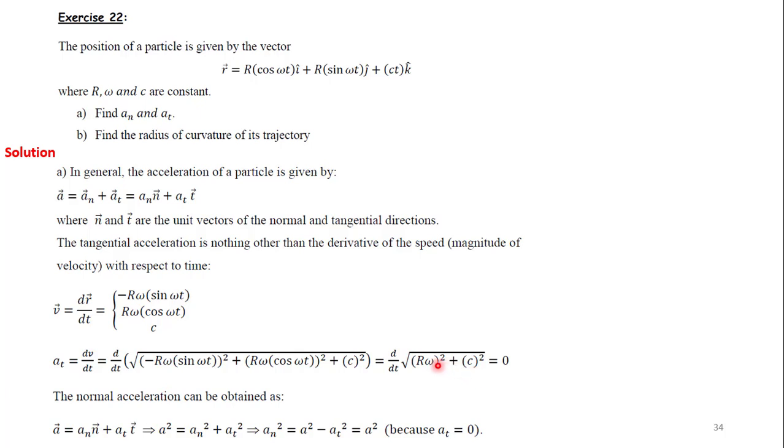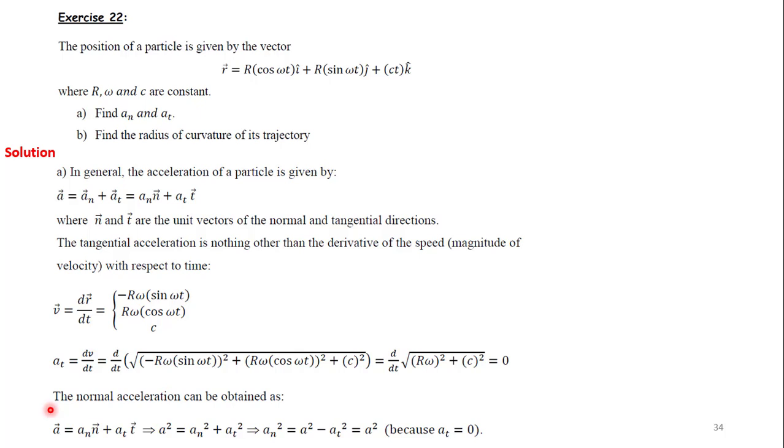We can see that R, omega and c are independent of time because they are constants, so the derivative with respect to time is equal to 0. So at, the tangential acceleration, is equal to 0, then the acceleration will be equal to an only.